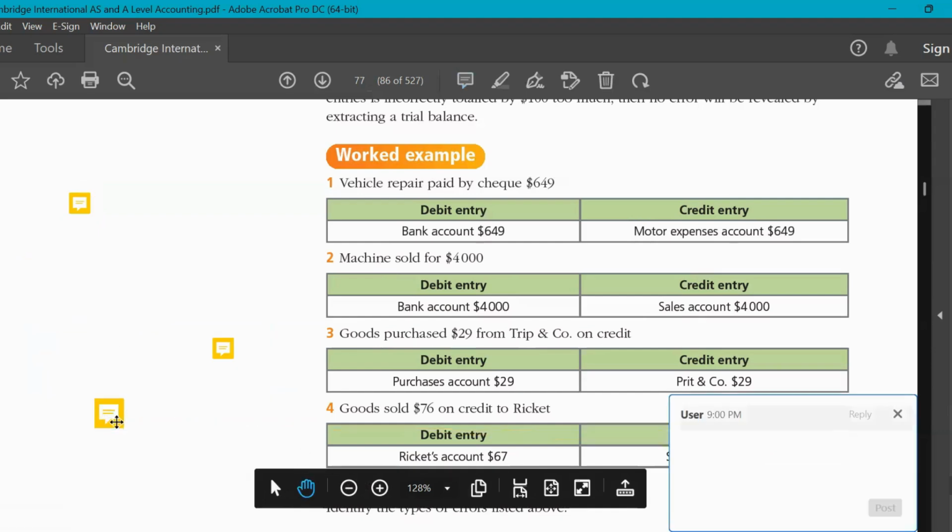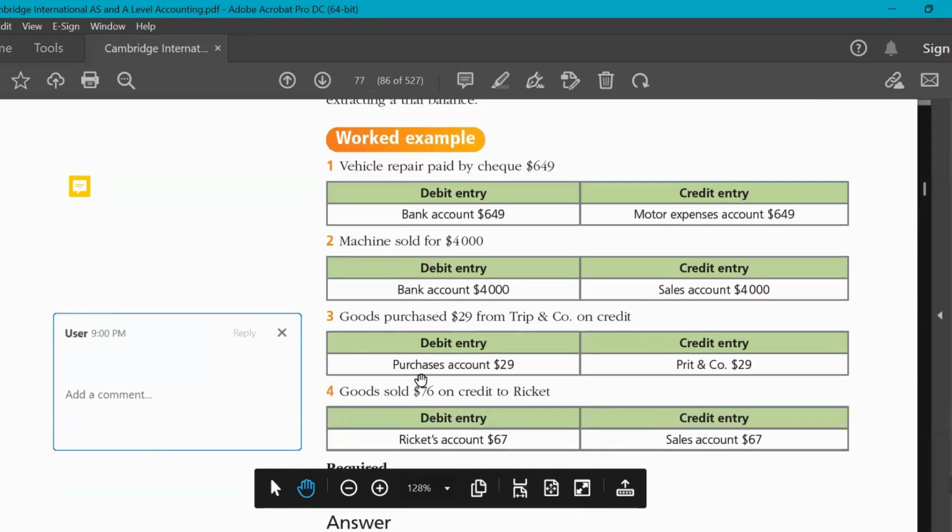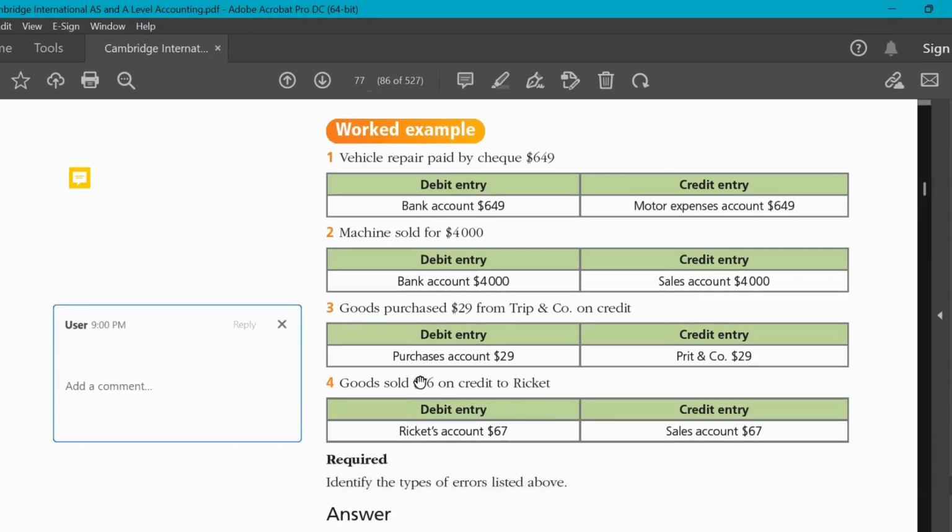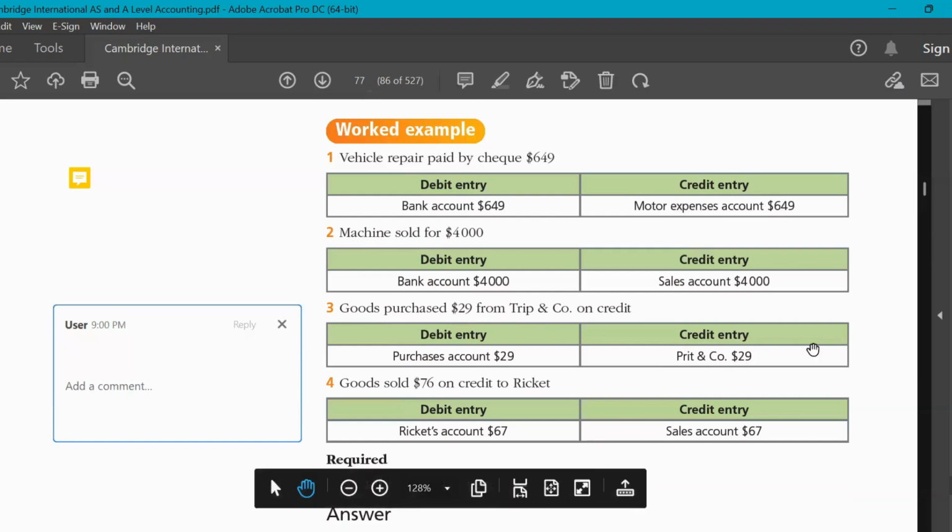Next here we have number 3, goods purchased $29 from Trip and Corporation on credit. Now, the entry shown has the purchases of 29K, and the credit is Prit and another name of the company. So what is the correct entry here?